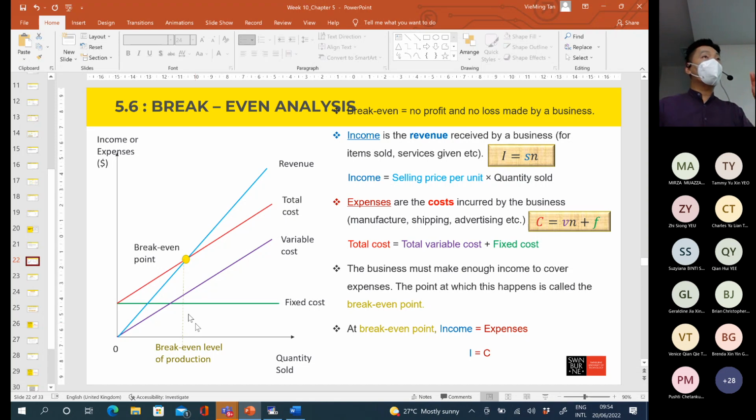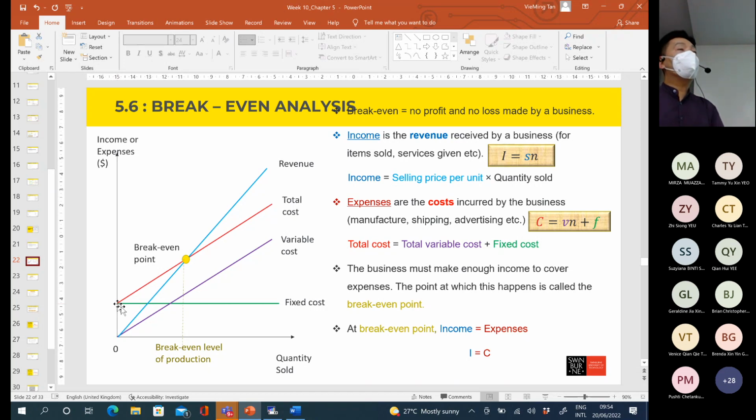And bear in mind, this fixed cost occurs even though the business does not manufacture or sell any unit. If the units of production equal 0, where x is equal to 0, the fixed cost will continue to occur. This is a special characteristic of fixed cost.